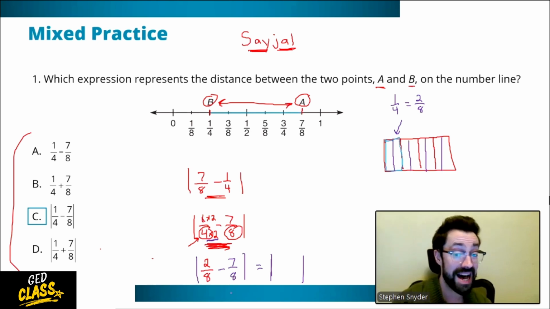Yeah, it's going to be 5/8. But is it going to be positive or negative, y'all? Exactly, Debbie, Peter, Olivine. It's going to be negative because 7/8 is bigger.